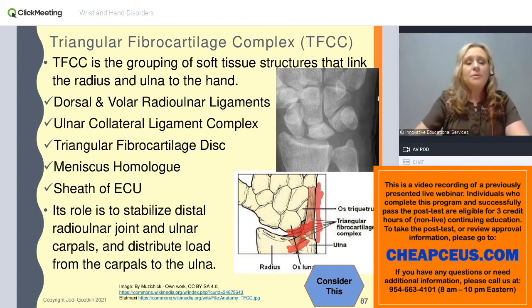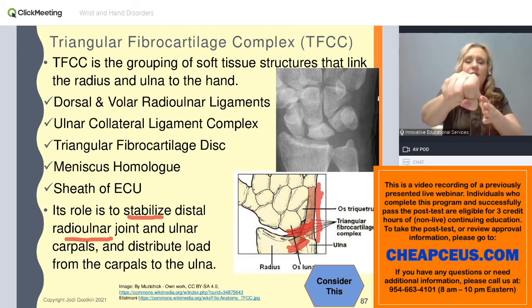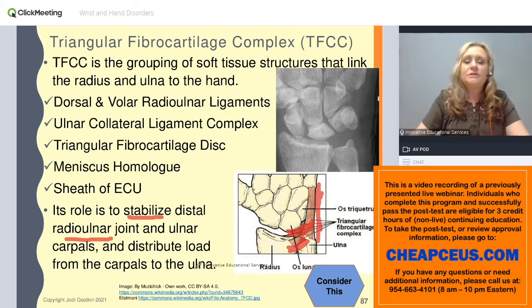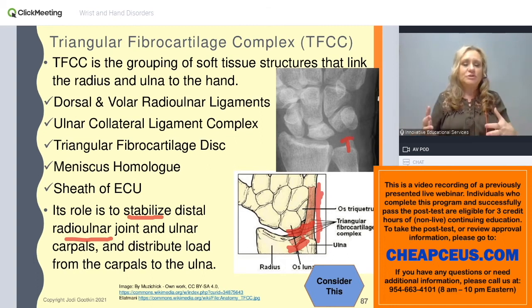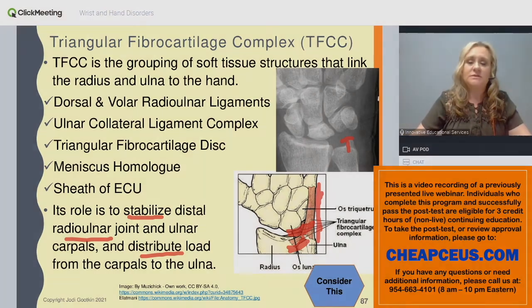This whole complex together plays a role in not only stabilizing the distal radial-ulnar joint, but every time we pronate, the ulna needs to move a little bit inferiorly. So it needs to have space to do that, and that disc for absorption. So there needs to be stabilization there. Also, we need to distribute the loads across that ulna when we're applying different compressive forces. And this complex allows all of that to happen sufficiently.